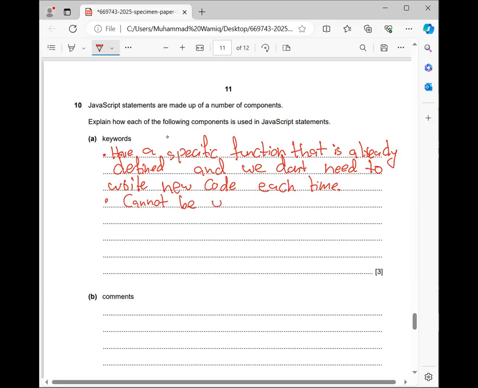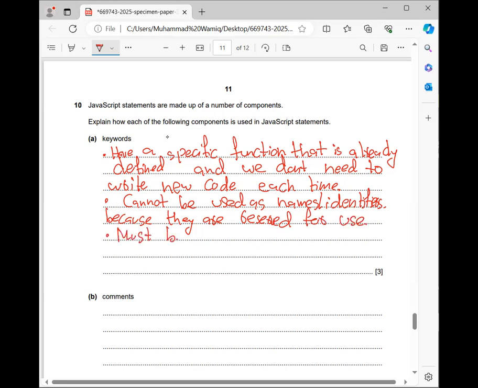It cannot be used as names or identifiers, because they are already reserved for use.